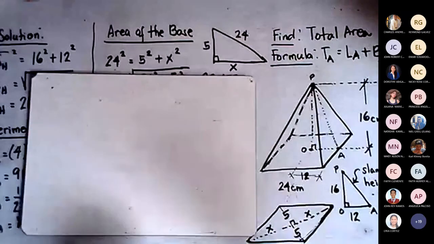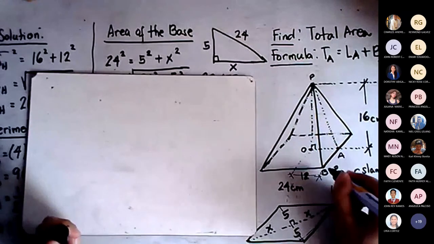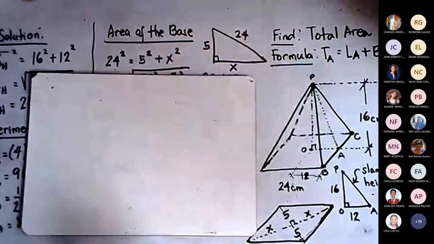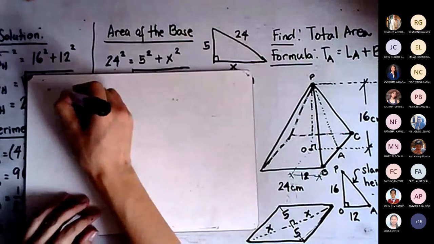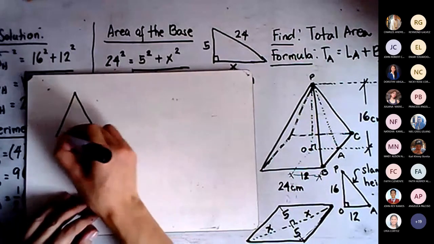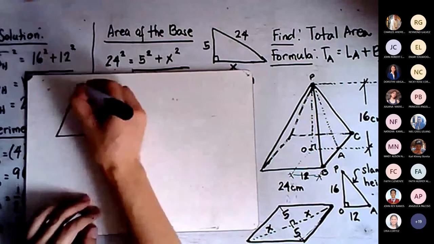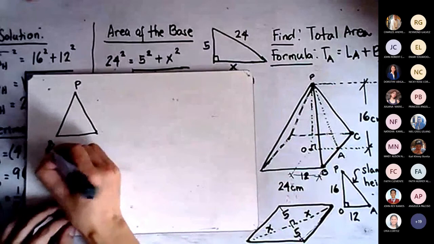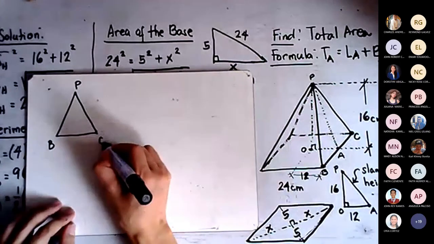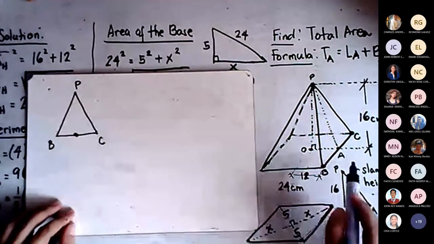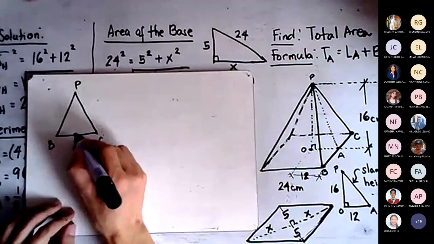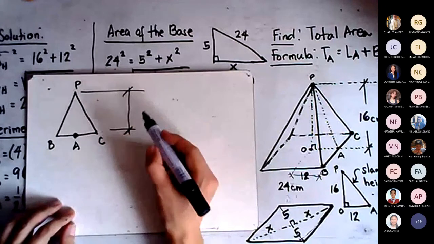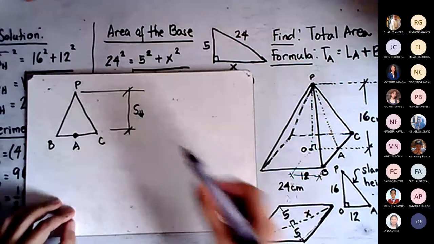If you are going to take a look at this, this is a triangle. So let's say this is point B. This is point C. That is point O. If you are going to isolate the triangle, this is point P, this is point B, and this is point C. And take note, this is point A. The distance from A to P is what you call the slant height.